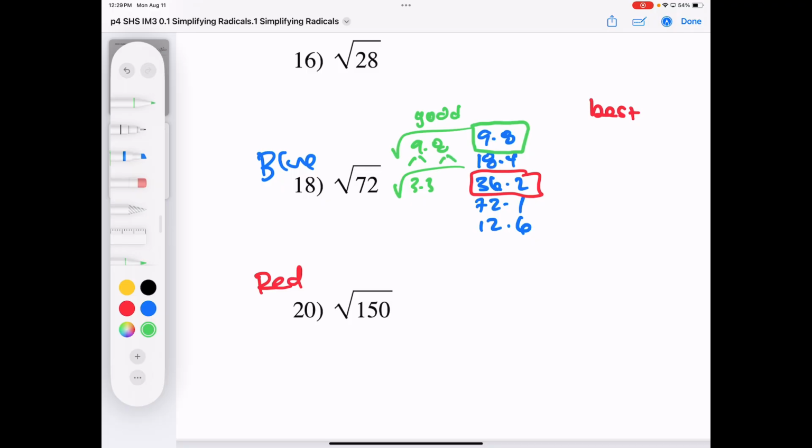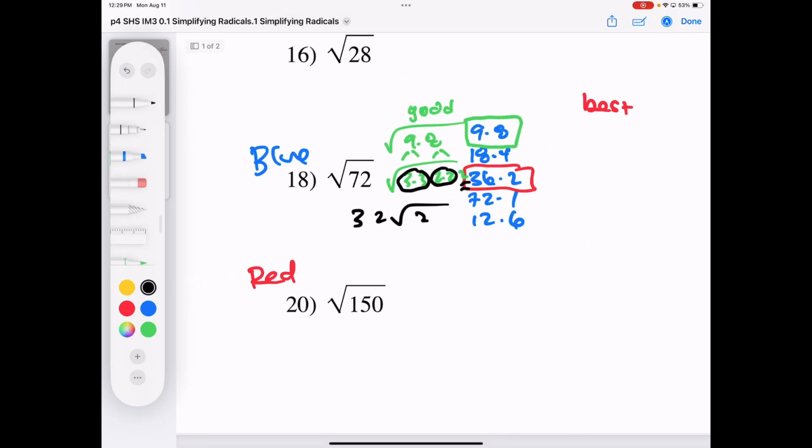Now I have to break down this one. 8 turns into what? Oh man, that's like 2, 2, 2. Too many 2s. So now we circle the pairs. Pay attention. What's left inside? Okay, it's not 32 on the outside, it's by multiplication. So 3 times 2 is what? 6 radical 2 is your answer. Raise your hand if you got that.